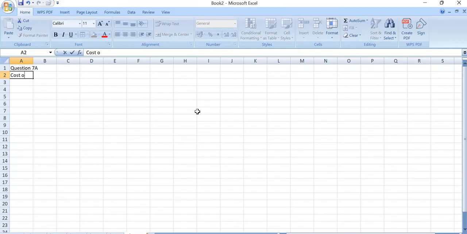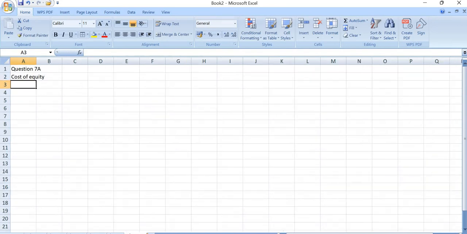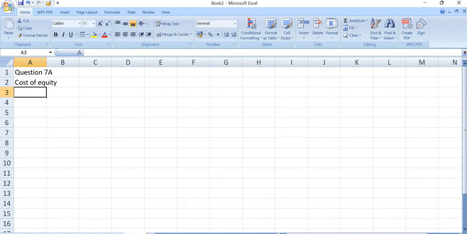Here they have given beta, risk-free rate of return.